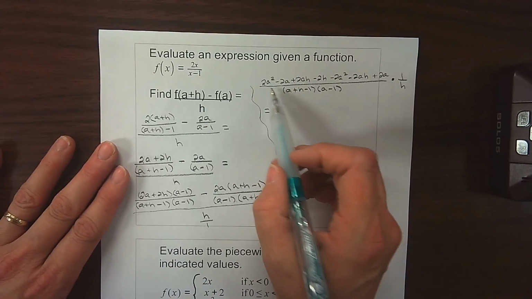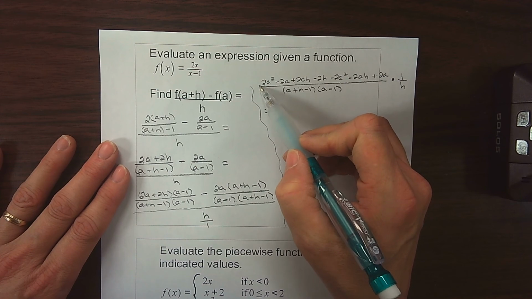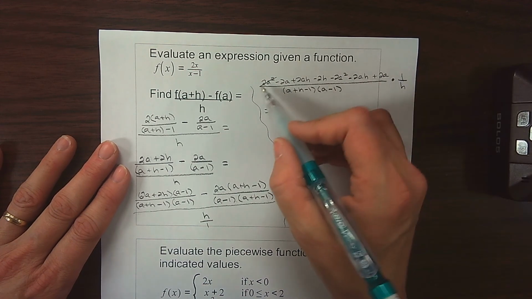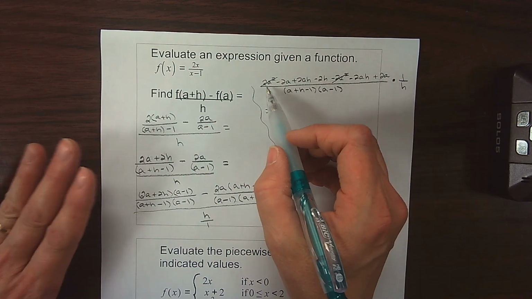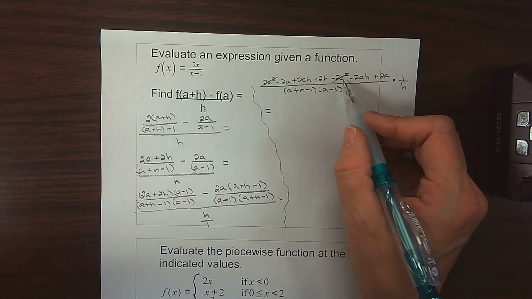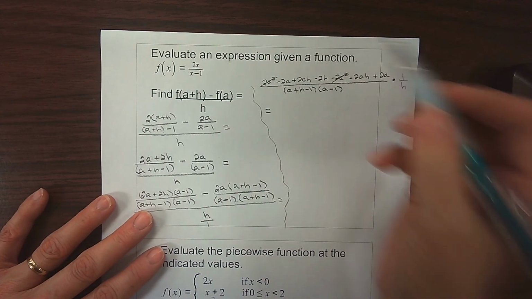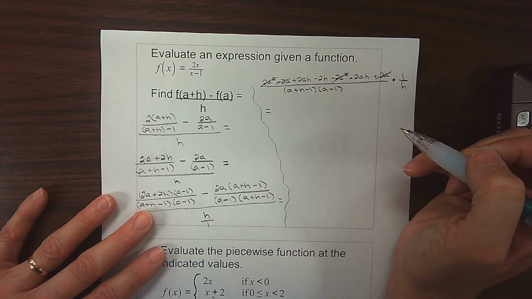When I look to clean up the numerator here, once again I notice I've got a plus 2ah, and over here a minus 2... Let me try again. A 2a squared and a minus 2a squared. I've got minus 2a and a plus 2a.